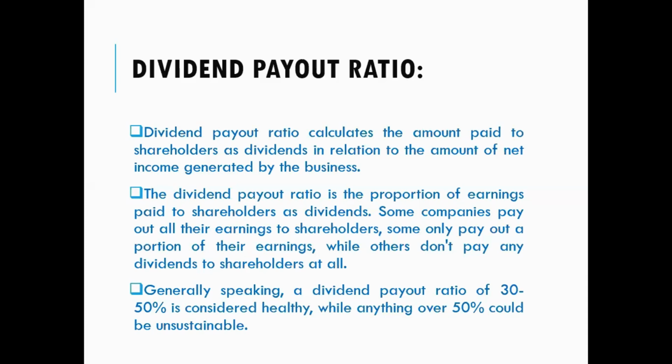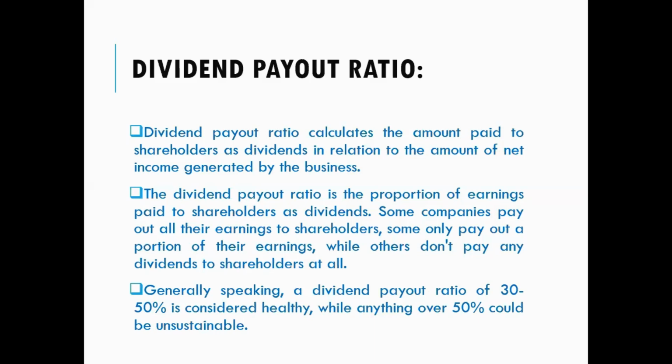The dividend payout ratio is the proportion of earnings paid to the shareholders as dividends. Some companies pay out all their earnings to the shareholders. Some only pay out a portion of their earnings, while others don't pay any dividends to the shareholders at all.